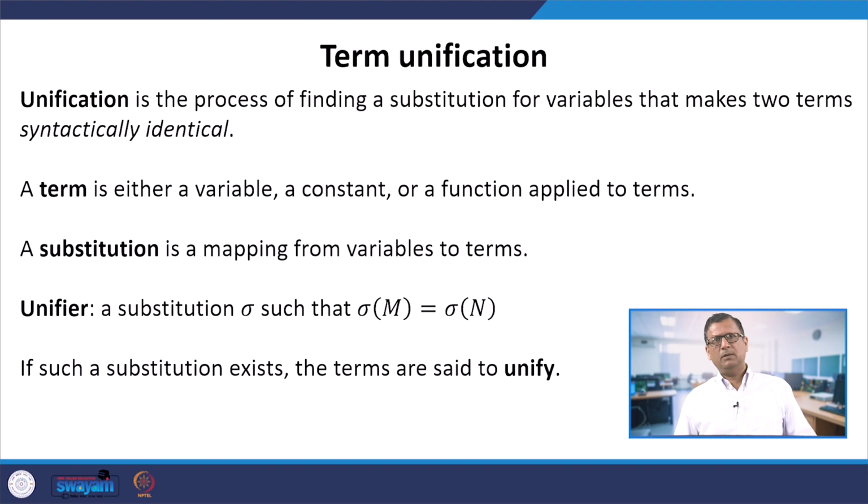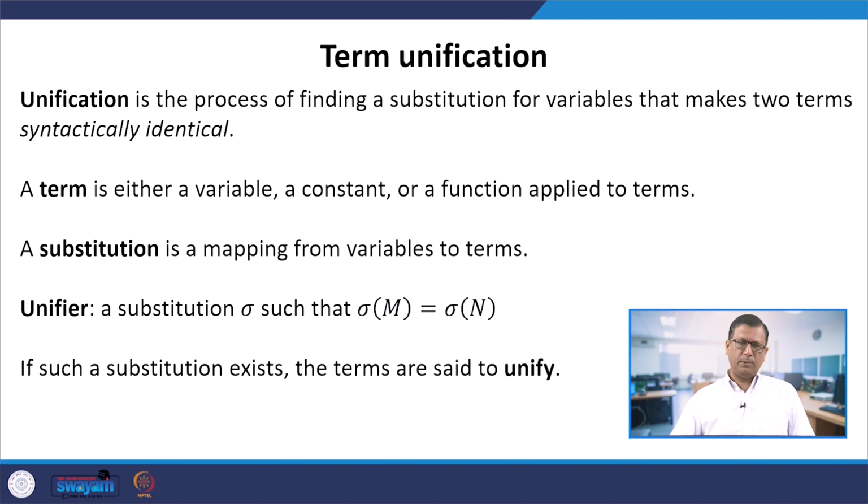So, let us first discuss term unification. We are going to discuss this informally, and later we will make a formal study of the term unification process. Unification is the process of finding a substitution for variables that makes two terms syntactically identical.